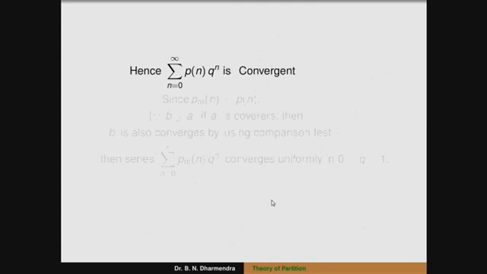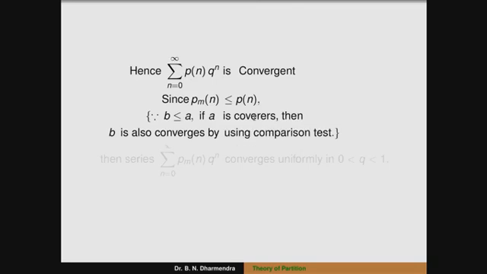If this one is convergent, you can observe that since p_m(n) is less than or equal to p(n), if the series of p(n) is convergent, then the series of p_m(n) is also convergent. We observe this by using the comparison test: if b is less than or equal to a, and a converges, then b also converges.